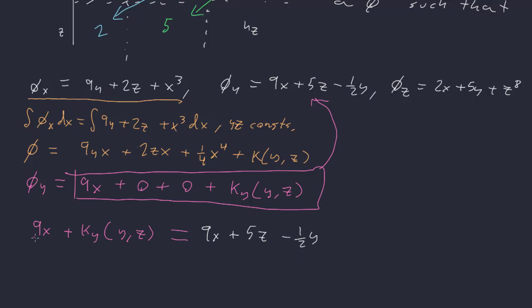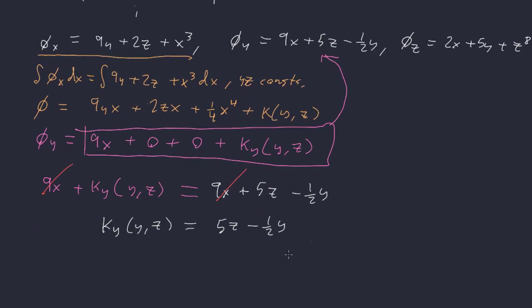The 9x's cancel, and that gives us that k sub y of y comma z is 5z minus 1/2 y. So what we're going to do is now integrate with respect to y. So it's like we integrate with respect to x, differentiate with respect to y, integrate with respect to y.